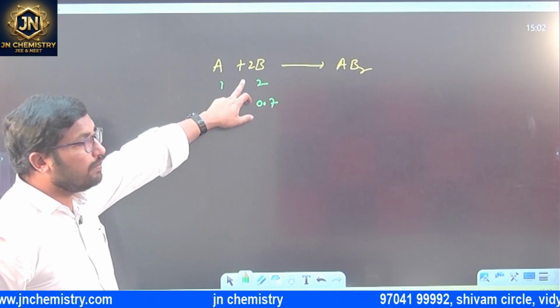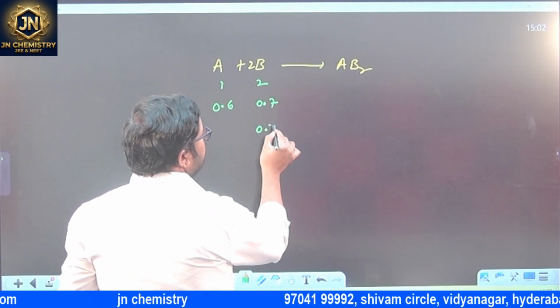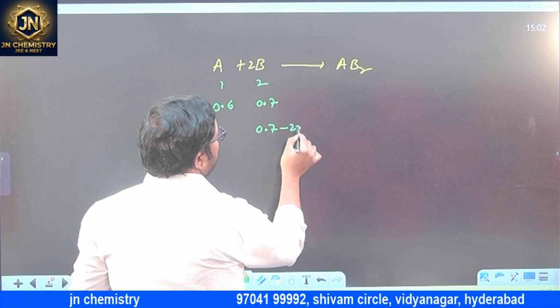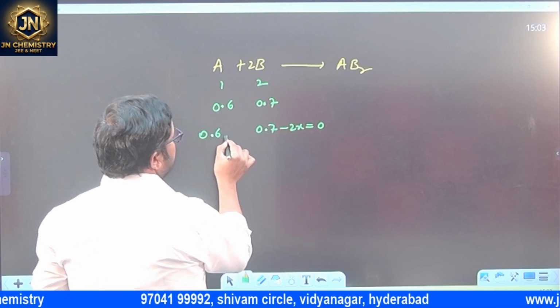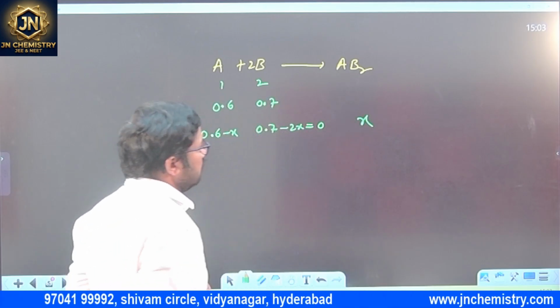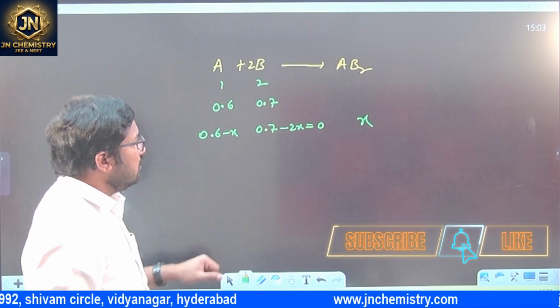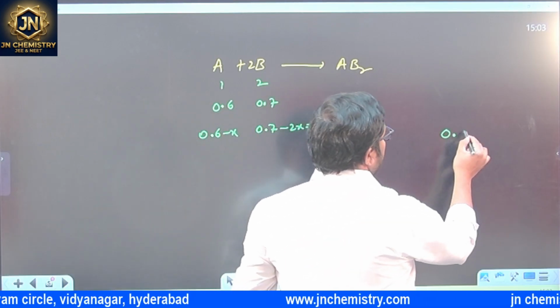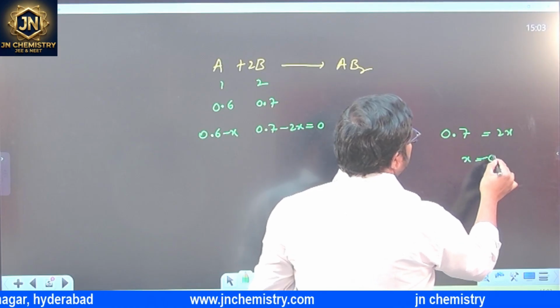Because 0.7 by 2. So 0.7 minus 2x is equal to 0, and for A, 0.6 minus x. 0.7 is equal to 2x, so x is equal to 0.35.